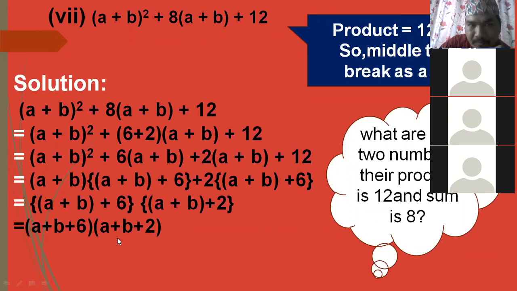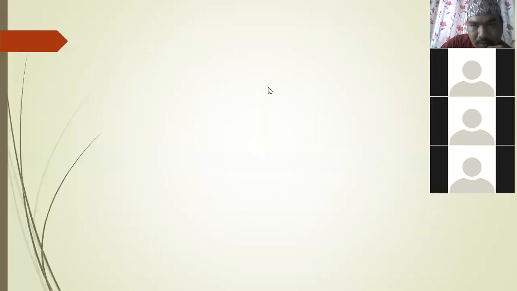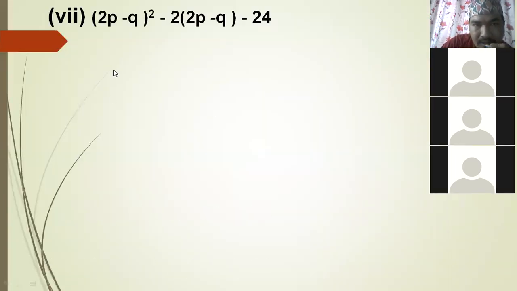Okay, children? Now I am showing there one more example. Here, minus 2 we have to bring by subtracting. By multiplying we have to get 24. What are they?